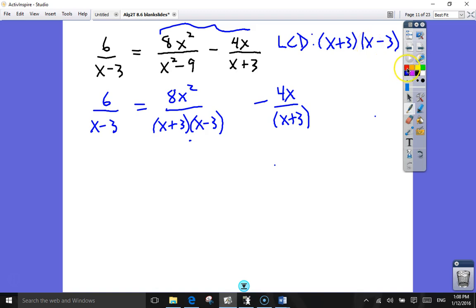Okay, the first fraction already has that common denominator, so I don't have to multiply it by anything. How about the second fraction? I've got to have x minus 3 here. All right, so now I've got 6 over x minus 3 equals, and this here is 4x squared minus 12x.